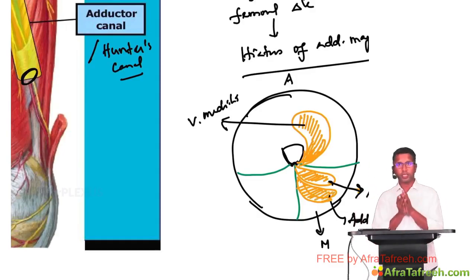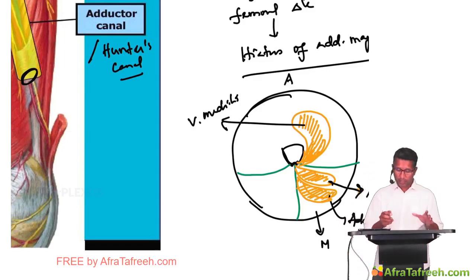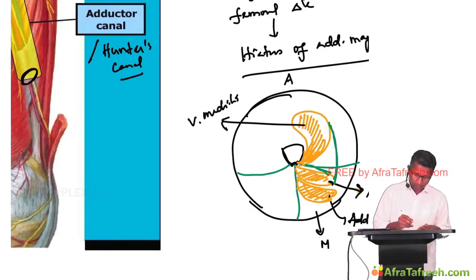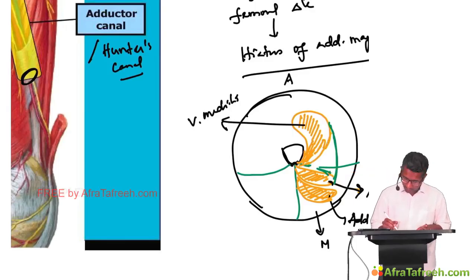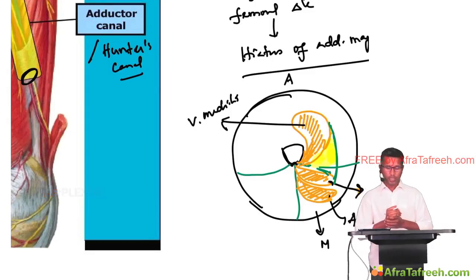Now these two muscles, the vastus medialis and the adductor muscles, are connected by a fibrous sheath here. This shaded area is called the adductor canal.